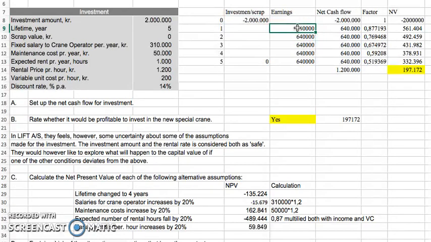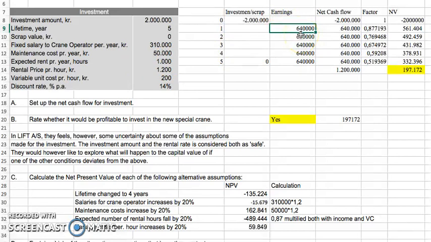In this case, the earnings: we expect rent per year in hours, times the rental price per hour, and we need to minus the maintenance, minus the fixed salary to the crane operator, and minus the variable unit cost multiplied with the expected rent hours. This will give us the earnings.